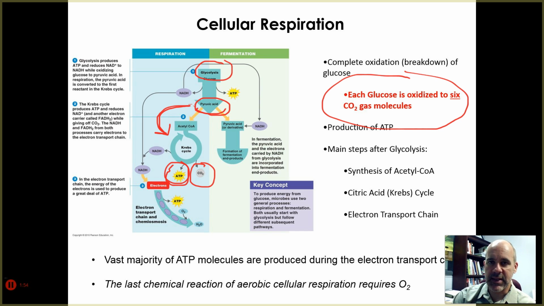Now, if you go into the detailed process of the Krebs cycle, you actually run the Krebs cycle twice for every glucose that you start off with. That's because you've got 2 pyruvic acids for every glucose. Each of those feeds independently into the Krebs cycle. So you run the Krebs cycle twice. Every time you run the Krebs cycle, the cell gains one new ATP.